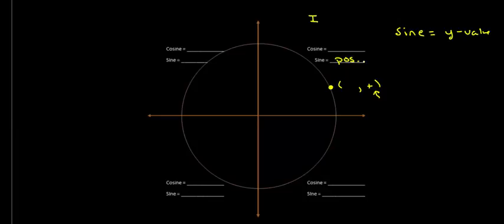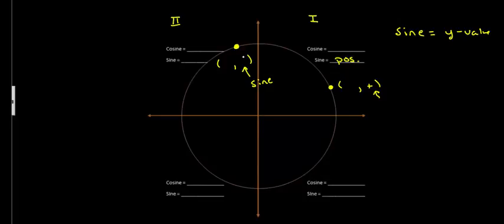Let's continue dealing with sine, and then we'll go to cosine. So let's look at quadrant 2. So let's pick a point. We'll put it up here this time. That point has an x and a y value. The y value is the sine of the angle. So this y value is the same thing as the sine of the angle.